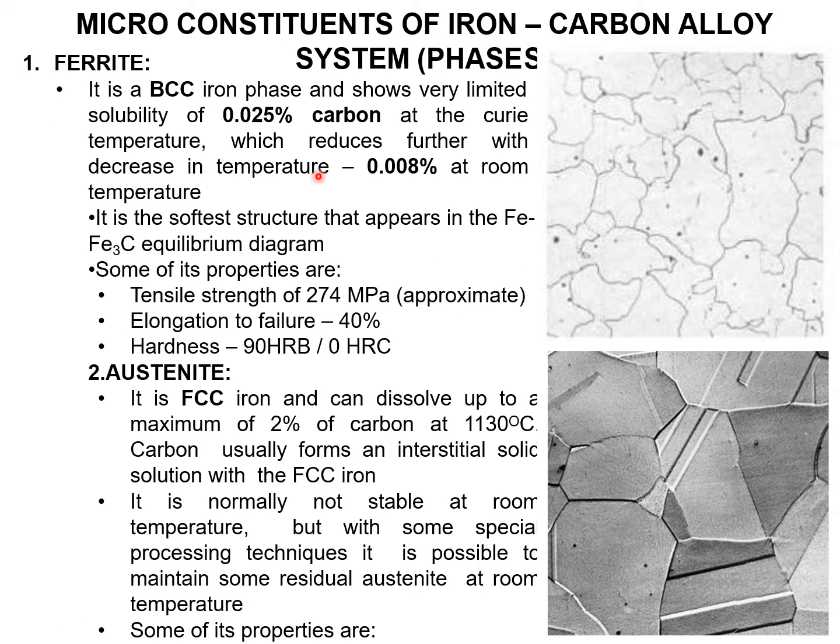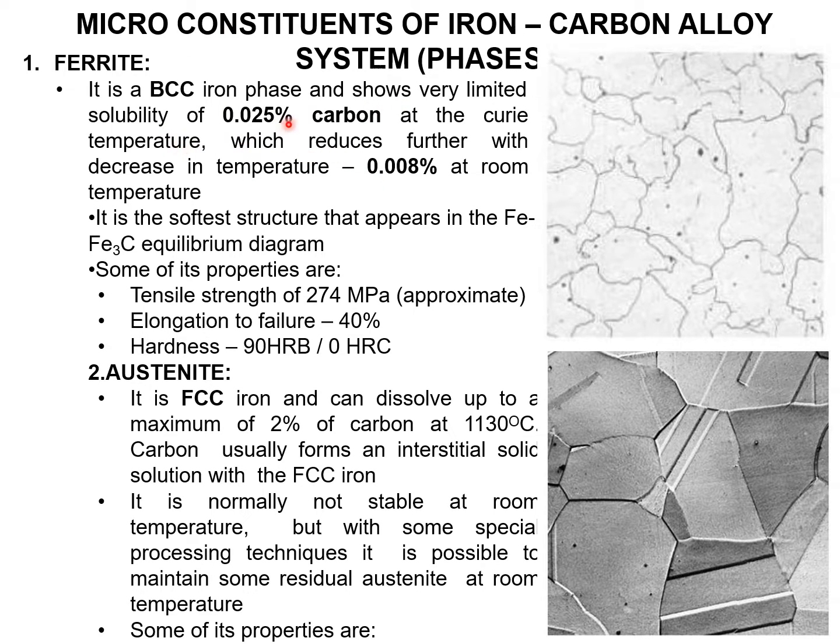Now we will see the various crystal micro constituents of the iron carbon alloy system. The first one is ferrite. Ferrite, we can call this alpha, is in BCC structure.